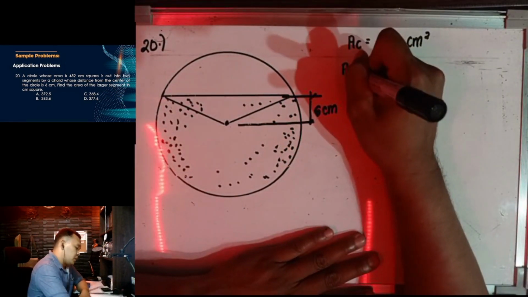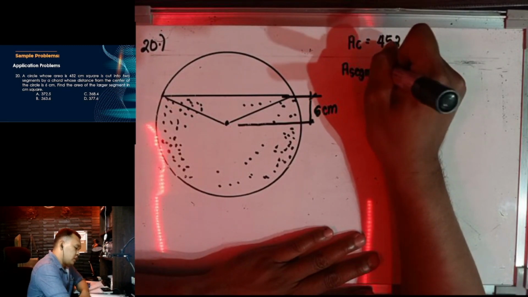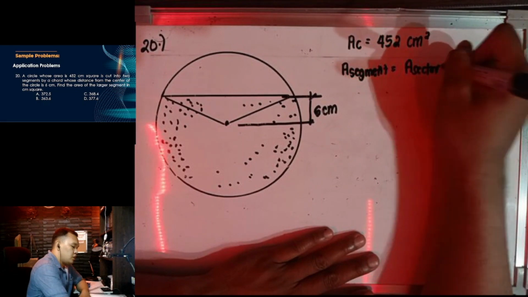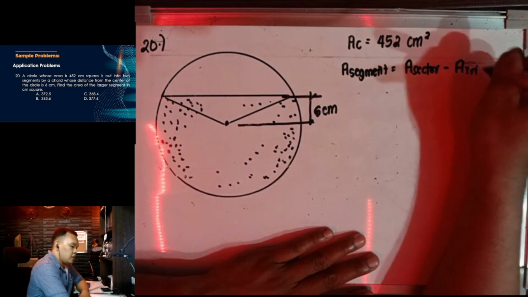So, area of segment is equivalent to area of sector minus area of triangle.